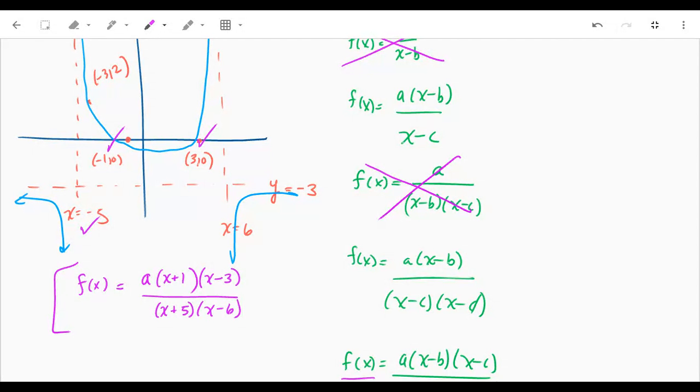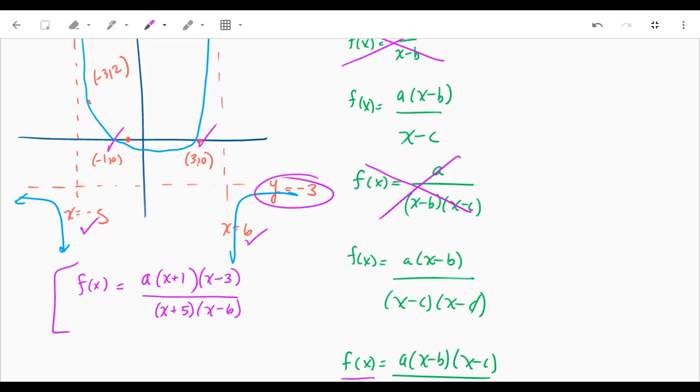One thing that we haven't used, actually, I should say, is the fact that the asymptote is at y equals -3. So that tells us, remember, if the asymptote is not the x-axis, when the degree of the numerator and the denominator are the same, it's the ratio of the leading terms.